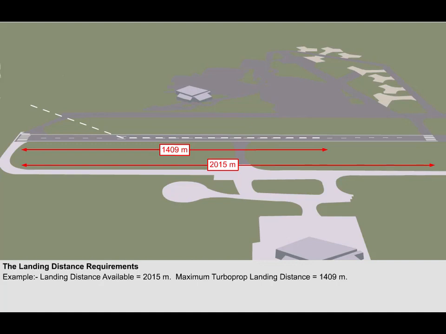Let us carry out one more example, but this time using a turbojet aeroplane. Remember, turbojets must land within 60% of the runway, and the factor to use was 1.67. If the calculated landing distance is 857 meters, what is the minimum length of landing distance available?